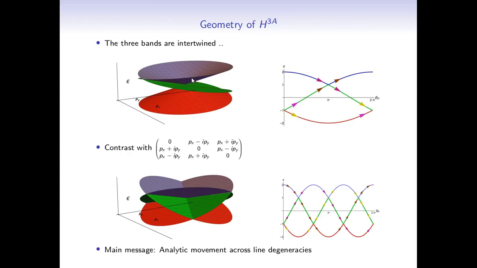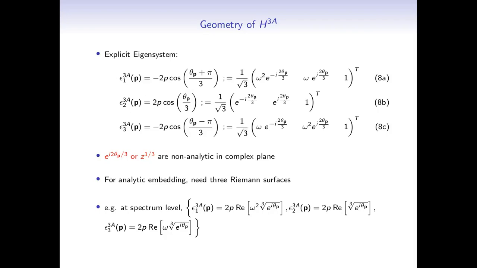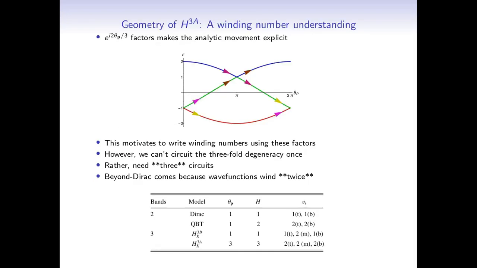You cannot think of them as separate bands. We can solve for the eigenvectors and eigenvalues, and if you write them in analytic form, they are no longer analytic functions. This non-analyticity forces us to define a Riemann surface, and on that three-sheeted Riemann surface we are going to write down these states, where one state will become another state as we go along the path.